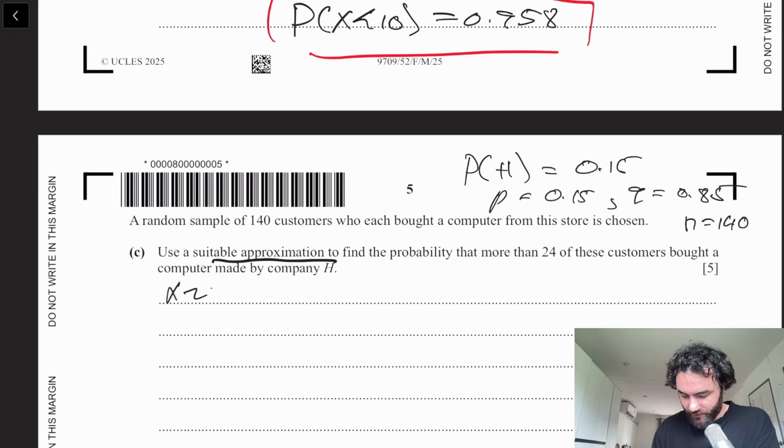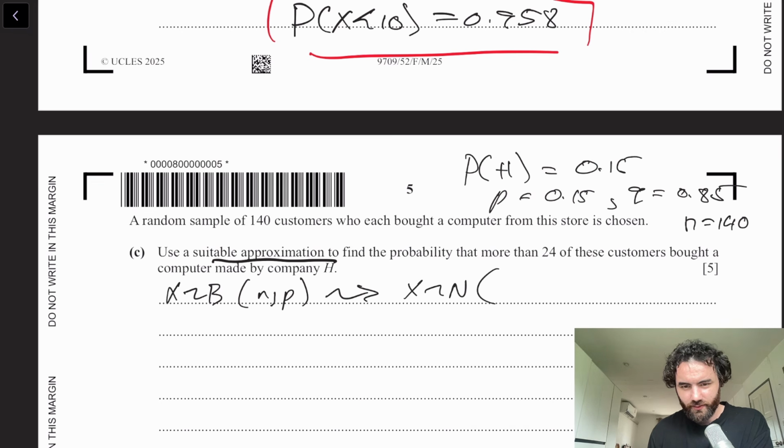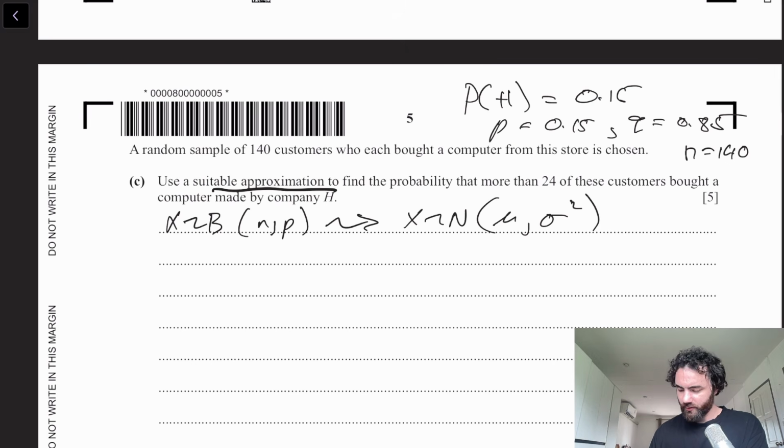So we are approximating this binomial, which is with 140 and our failure. I'll just write it out like this. I'm just looking at the formula sheet. So this is np. We're approximating this to a normal, which is, they do it like mean and variance. Okay, so I'll just go to the Mac screen.